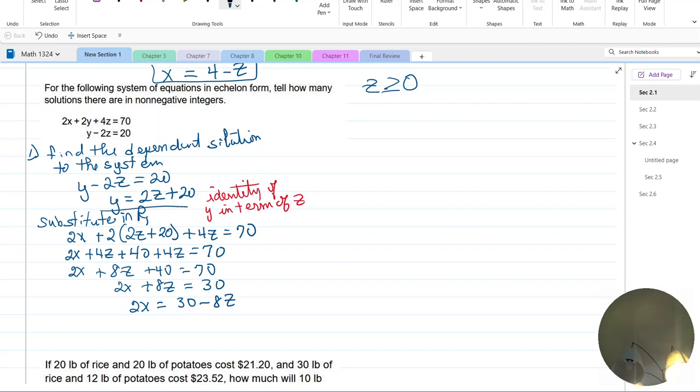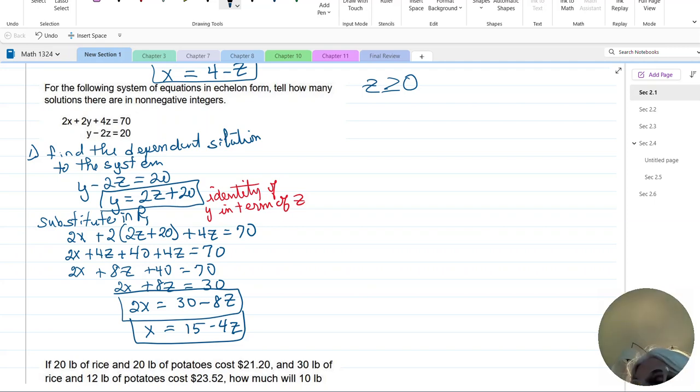So this is a solution in terms of z after I divide by 2. Sorry about that. 15 minus 4z. Sorry. We don't want 2 of anything. We want 1 of anything. So now we have it, and we're going to figure out what we have as to solutions.